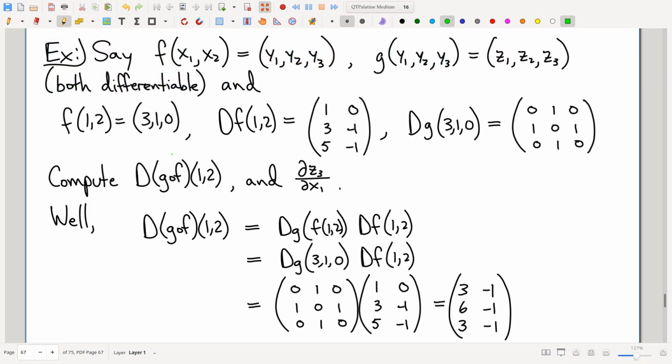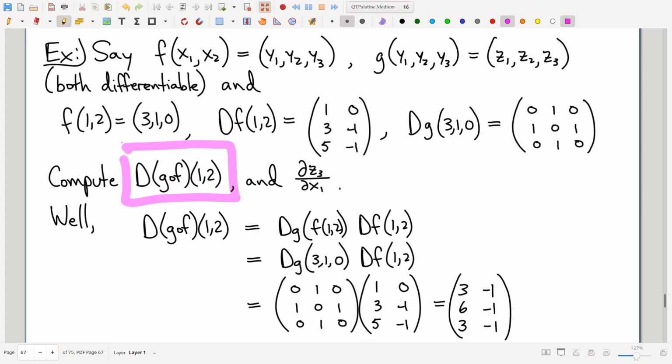You'll notice we don't have the formulas for these functions. I'm not telling you what these functions are as formulas. I'm just giving you certain specific details about these functions. The question is to figure out what is the derivative of the composition at the point 1, 2.